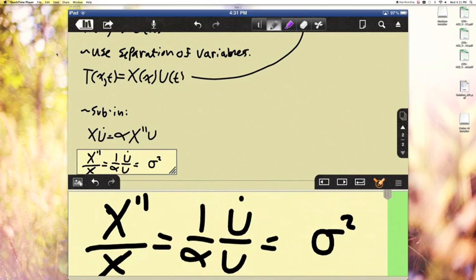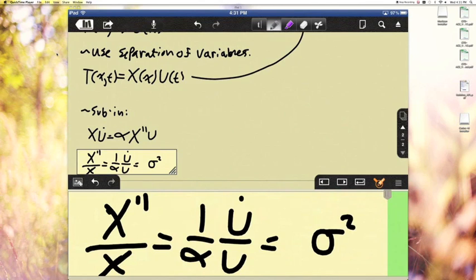Now, what's difficult about this process is that we have to figure out what the appropriate sign for sigma is. Now, you don't necessarily have to make a rash assumption. You can solve this problem with respect to both signs and then figure out which one yields a nonsensical solution.